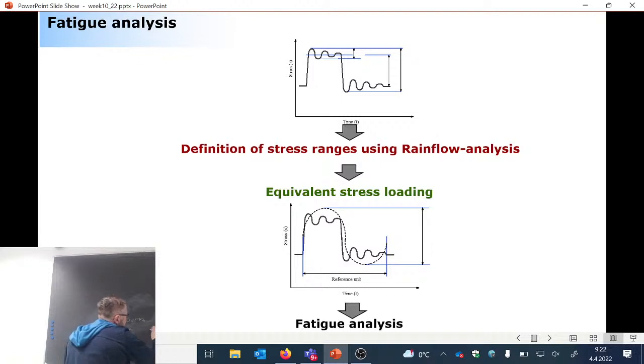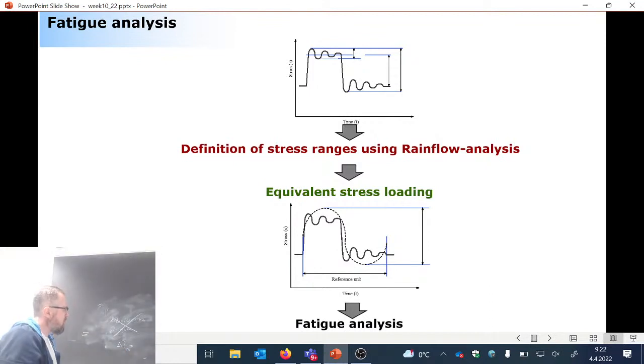There are fewer and fewer amounts in these kinds of ranges. And then you compute the equivalent stress loading based on this stress history. It means that every single delta will be replaced by one delta, which has roughly the same damage as the number of small ones combined together. This is called the equivalent delta.